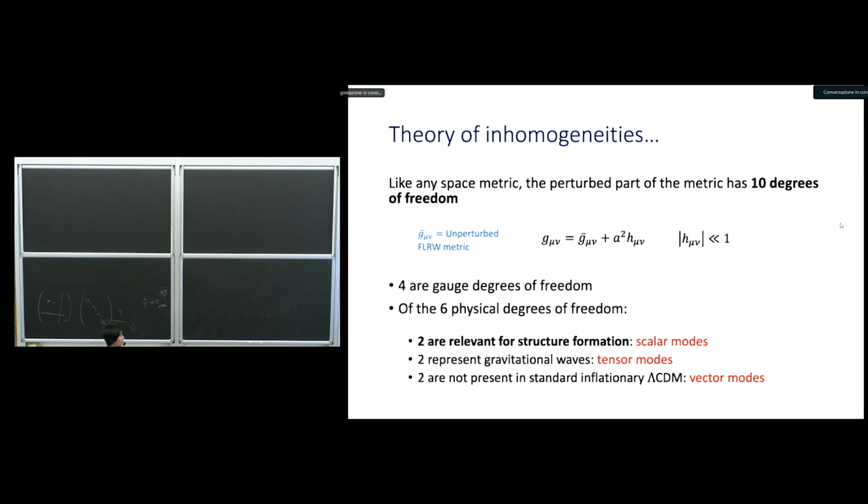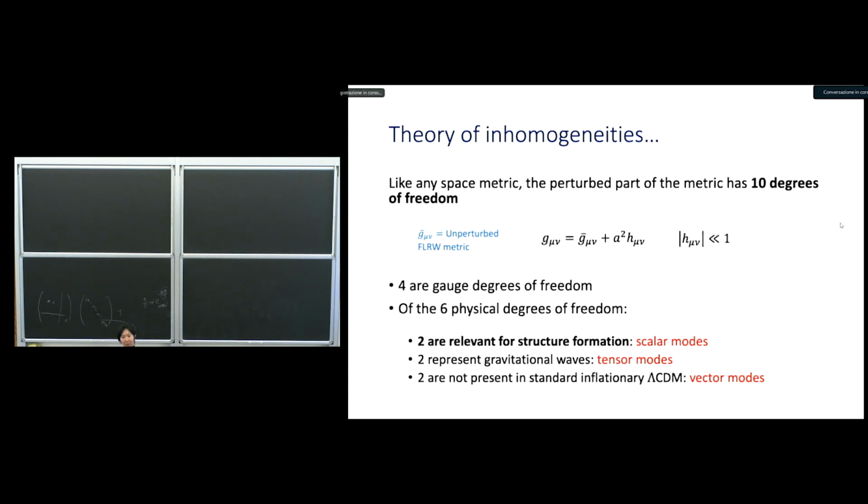You can further break down these 6 physical degrees of freedom into scalar, vector, and tensor modes. There are 2 scalar modes, and these are the 2 modes that are relevant for structure formation. I'm not deriving anything here, just telling you as facts. Sorry, you just have to accept it. And then there are 2 degrees of freedom called tensor modes, which are essentially gravitational waves.